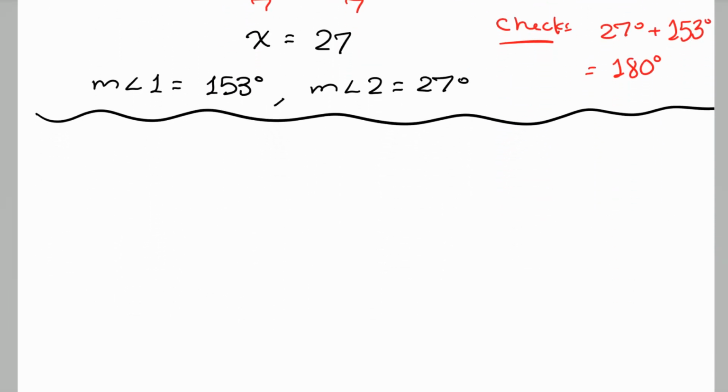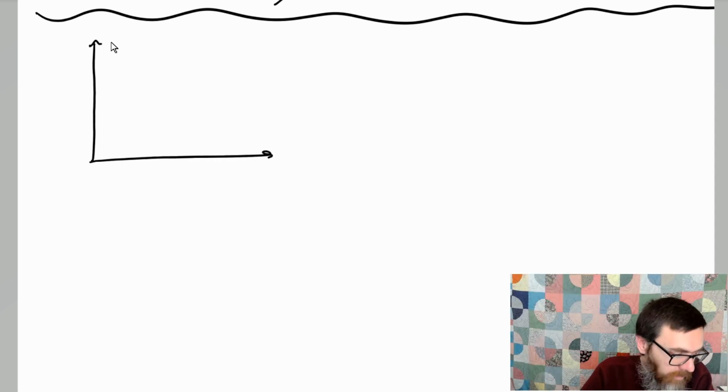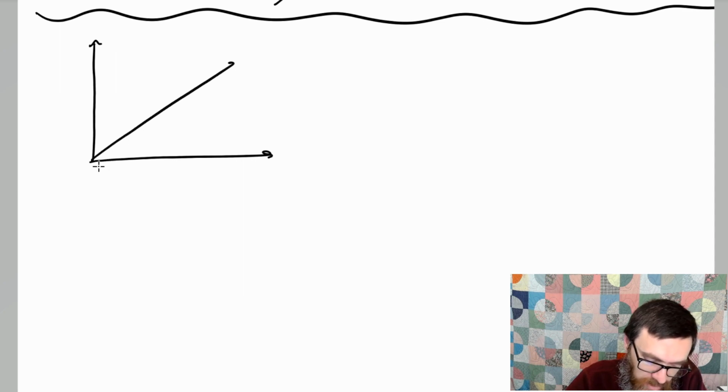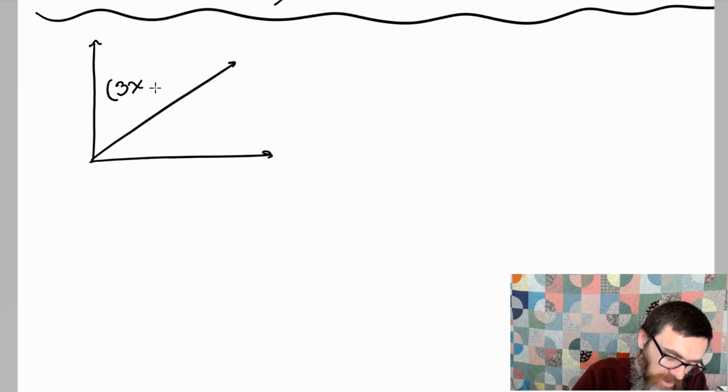All right, let's look at one of the problems that we have in the notes. So I'm going to draw a quick little diagram here. In this diagram, we know that these guys are forming a right angle.